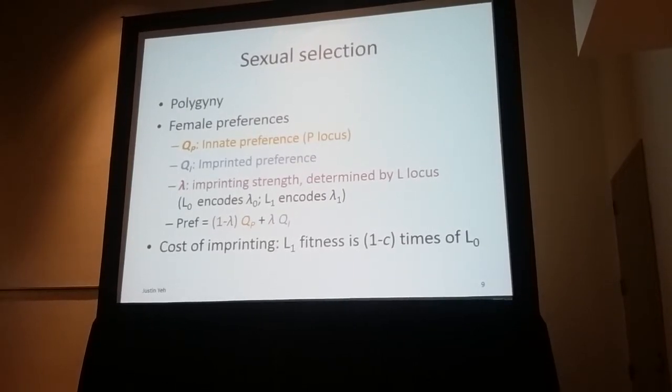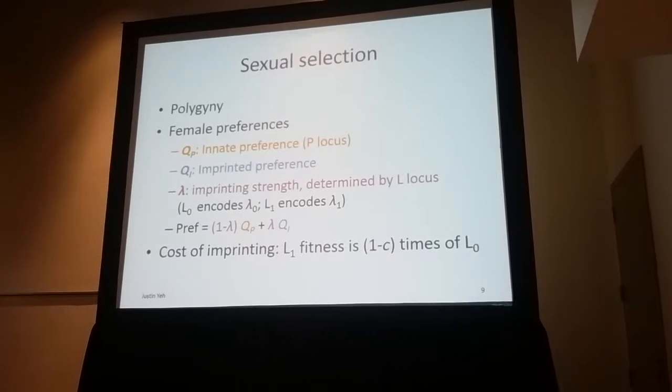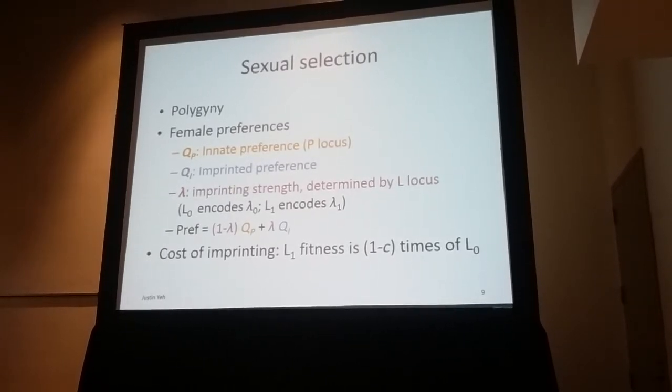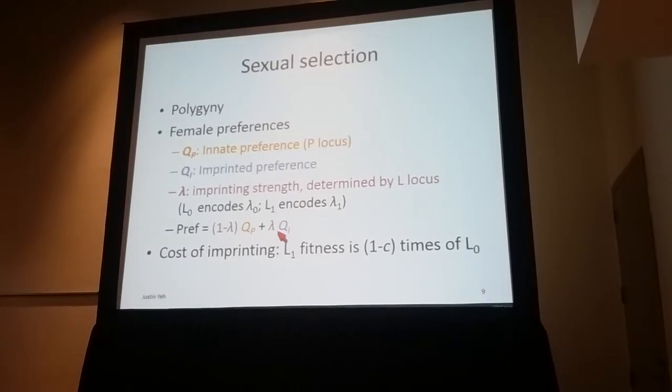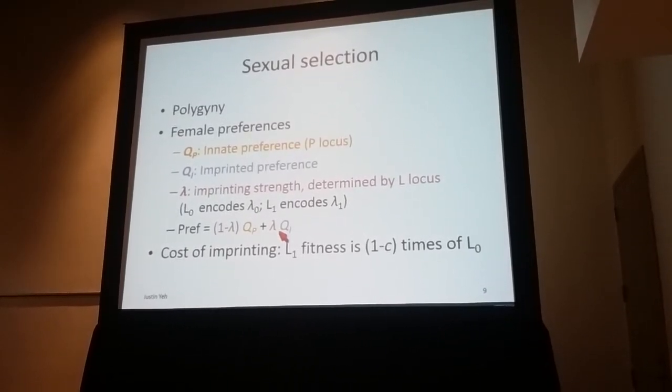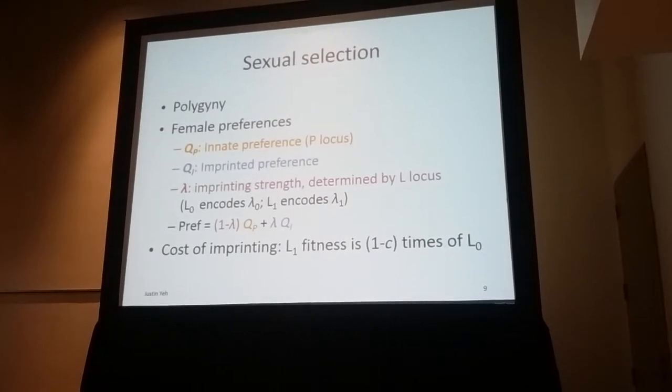The imprinting strength is determined by the L locus. So for example, if lambda, the imprinting strength, is 0, then the second term disappears, so you have the innate preference determining the female preference. And if lambda is 1, then this first term disappears, so it's complete imprinting.